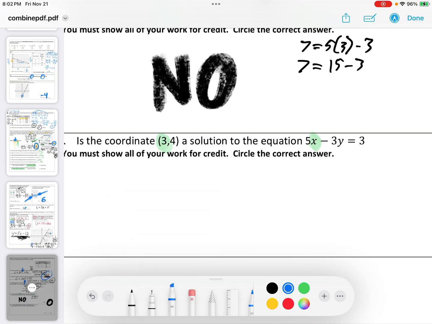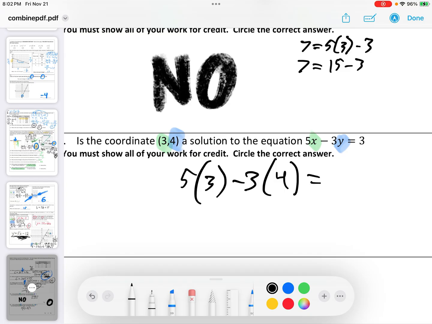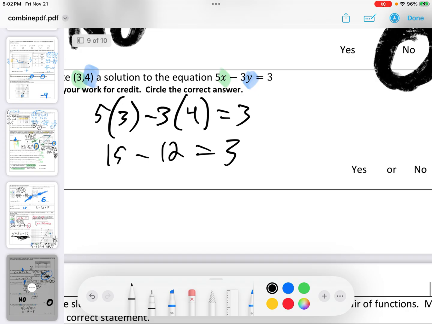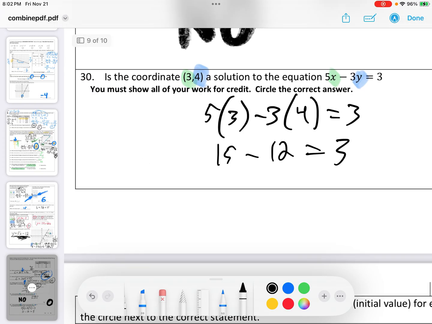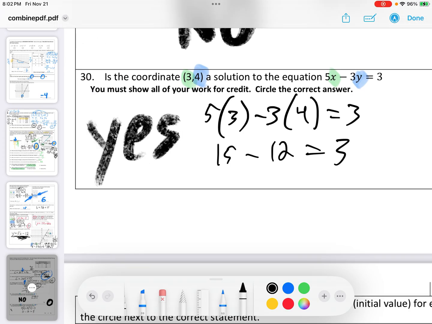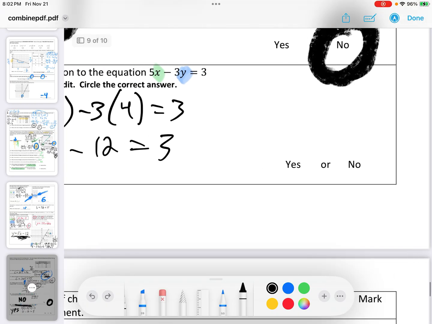We have to find out. But I'm expecting it. 5 times x is 3 minus 3 times y is 4 should equal 3. Yes, it does. So that's a yes. Whoopsies.